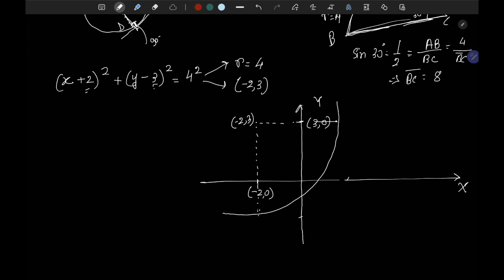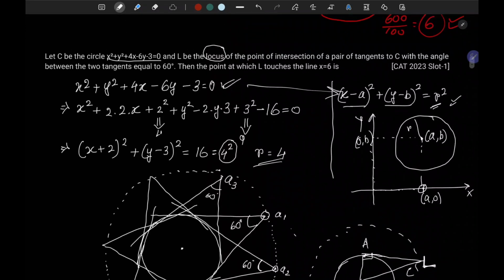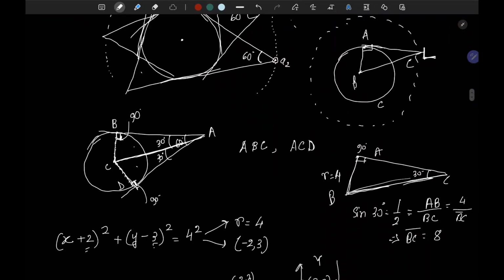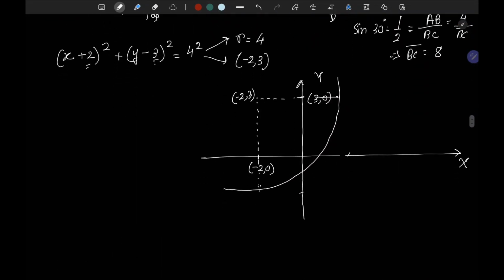Okay. Now the question has said, at the last you can see, then the point at which L touches the line x equal to 6. So let's take x equal to 6 somewhere here. This is your x equal to 6 line and this point is your 6 comma 0.